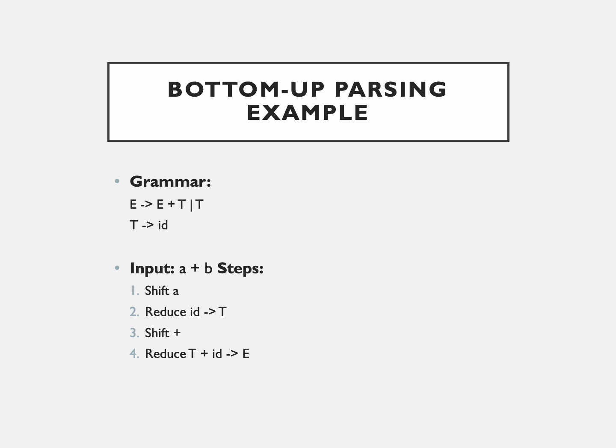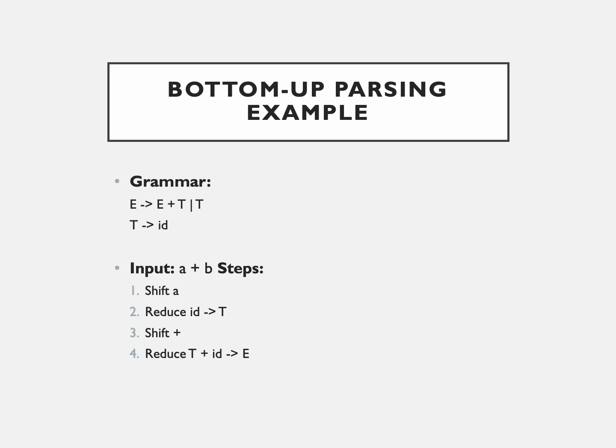On step 1 we have shift a. The parser reads the first token a and places it on the stack. Then on step 2 it reduces ID to T. According to the rule T pointing to ID, the identifier a is reduced to T. Now the stack contains T. Then on the third step, shift plus, the parser reads the next token plus and pushes it onto the stack.